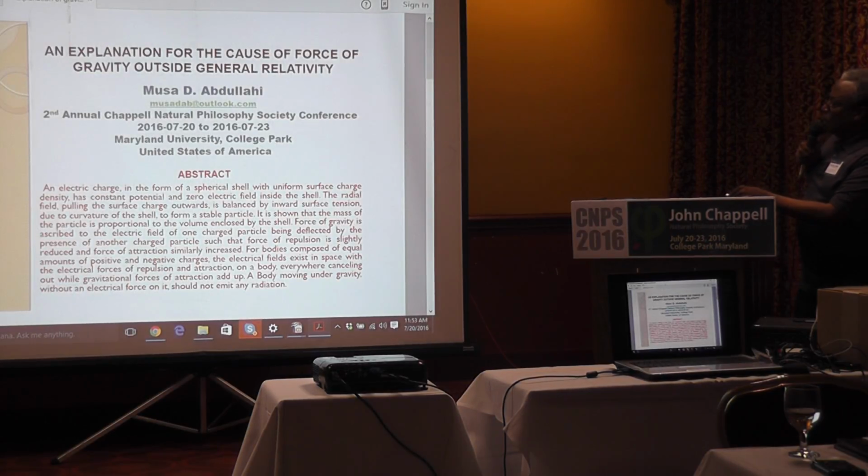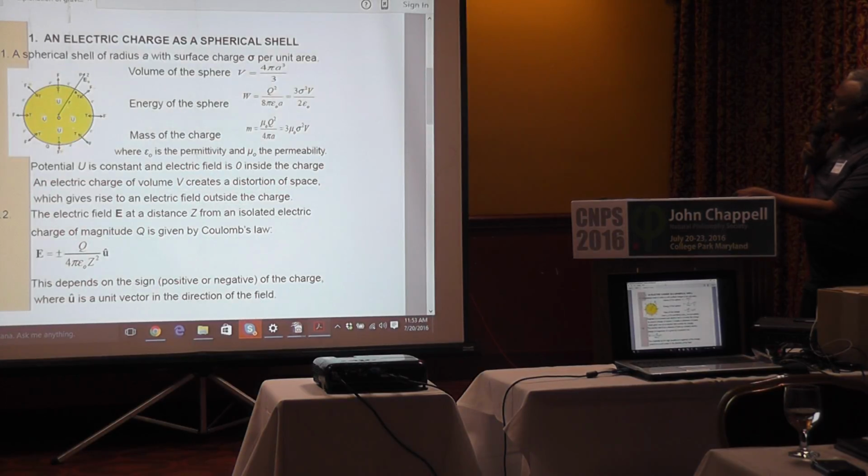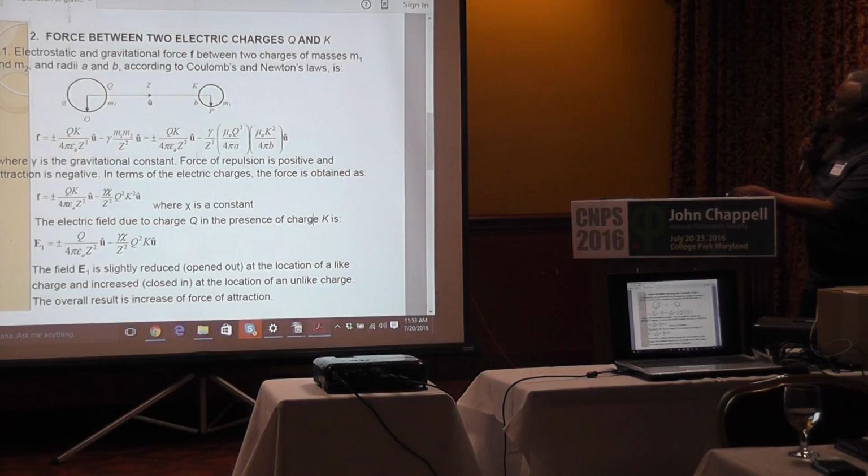If Q is a positive charge and K is a negative charge, the interaction between the field from Q is such that it closes in a little bit, thereby increasing the force of attraction.